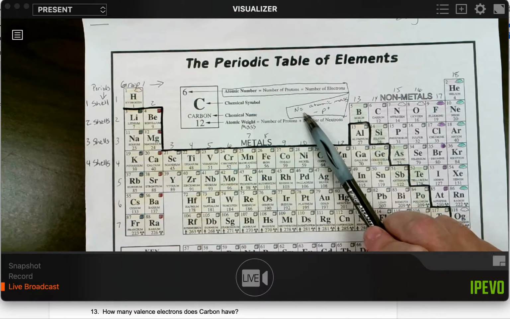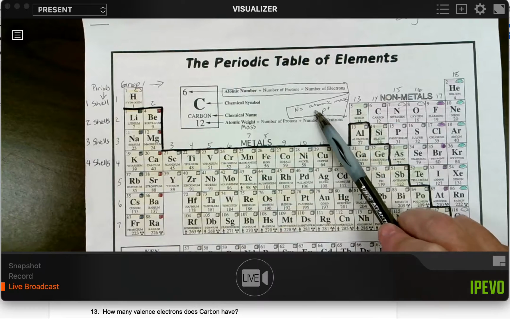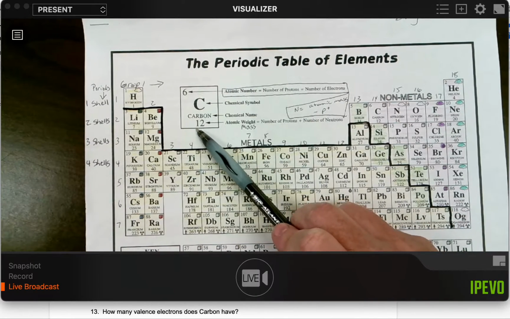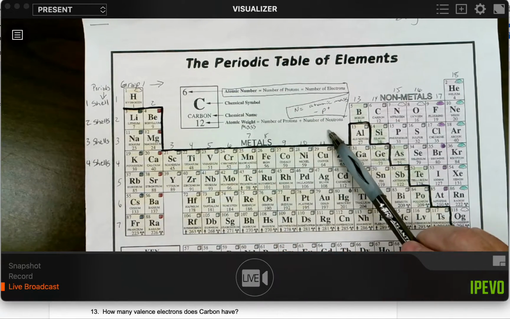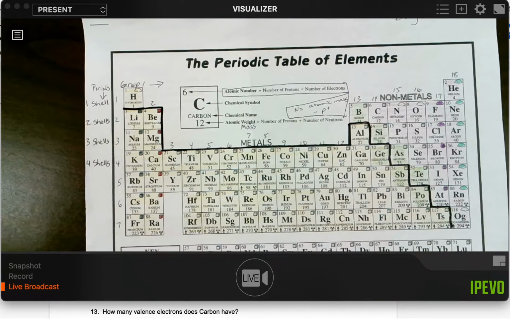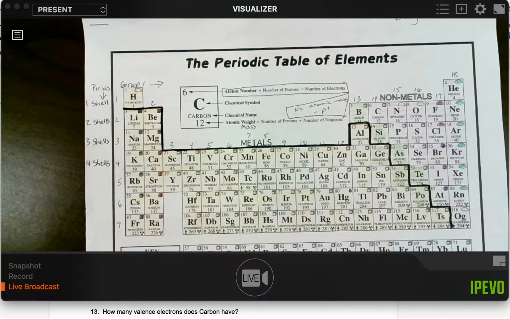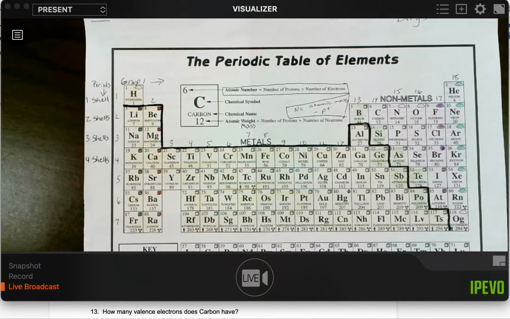To calculate neutrons, this is the one where you have to do the subtraction. So you take the atomic mass, which is the number down here, and you subtract the number of protons, and that will give you neutrons. Okay, protons, electrons, neutrons. This is kind of a critical first step to be able to move on to the rest of what we're going to be doing.